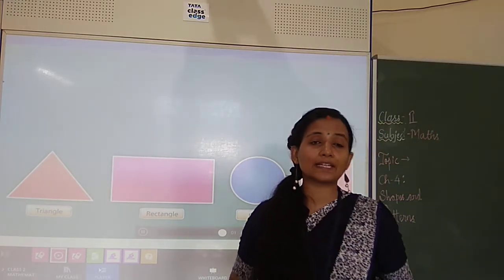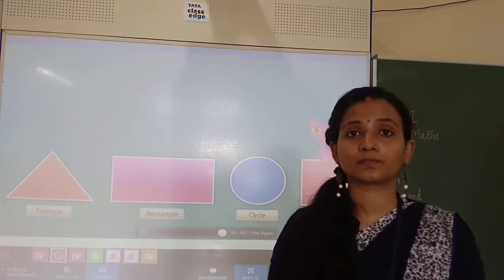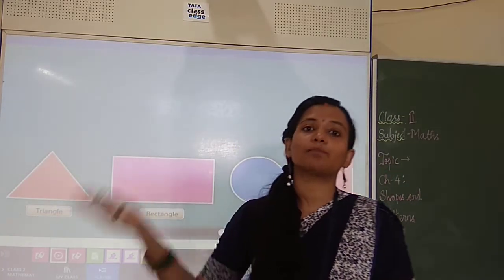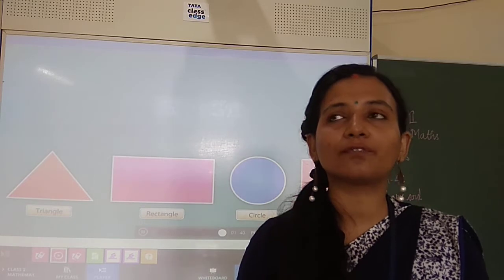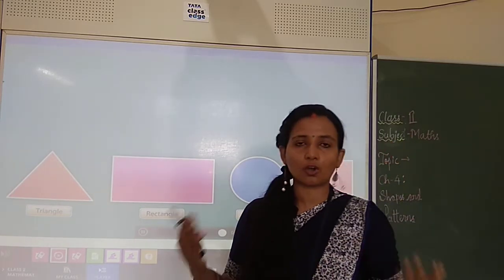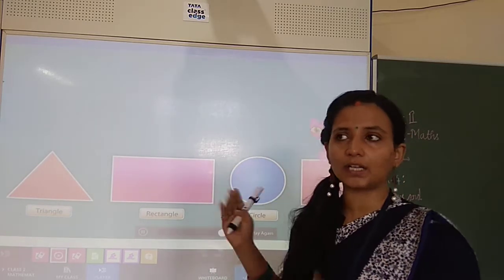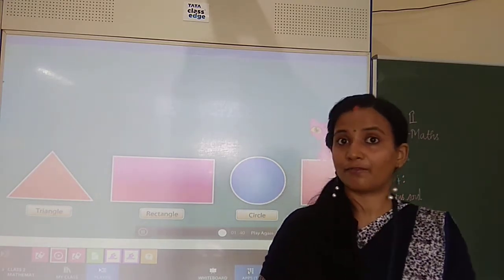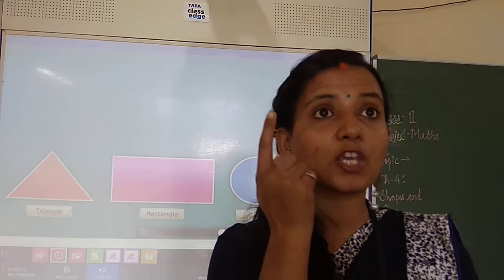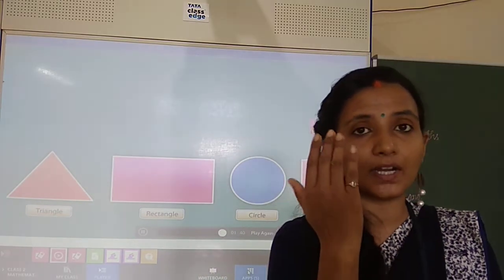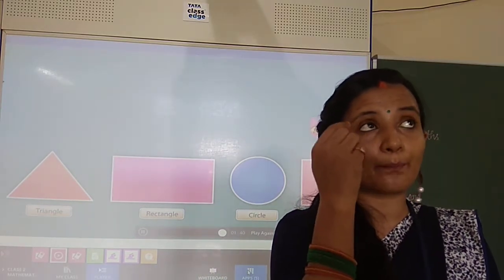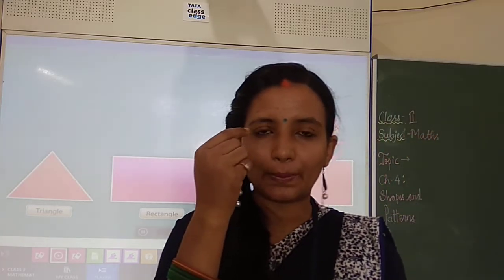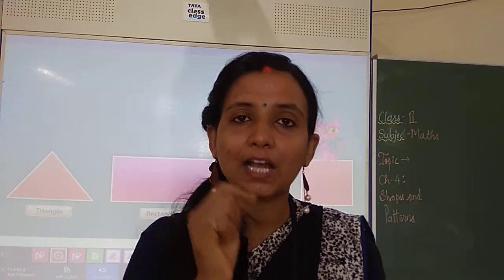Now you tell me an example of a circle. Yes, as you have seen in that video, the wheel of a bicycle, the wheel of any vehicle is always in a round, circular shape. The pupil of your eyes, when you see your face in the mirror, the black part of your eyes is called the pupil, and that is also in a circular shape.